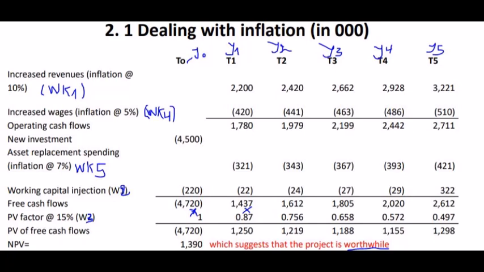Here is what we are going to apply. For working 1, I get the revenue, where in year 1 we get this, and wage cost. You see, this is a cost. It is from working 4, where you put it for each year.